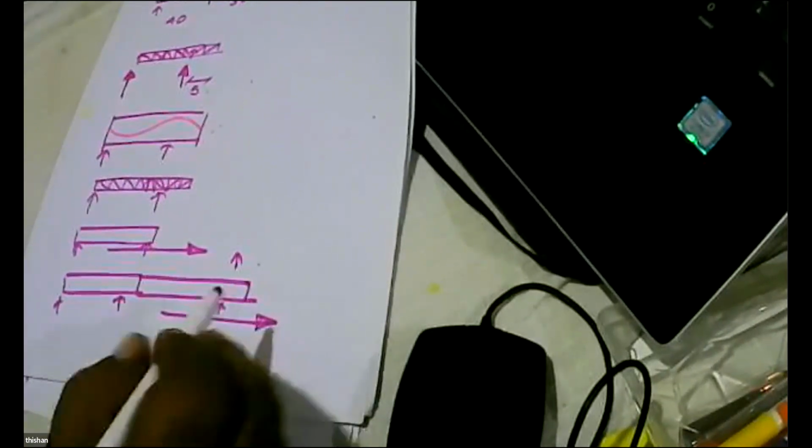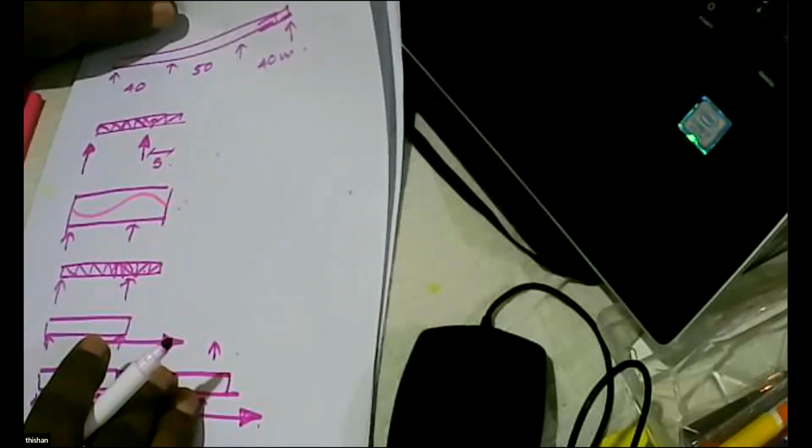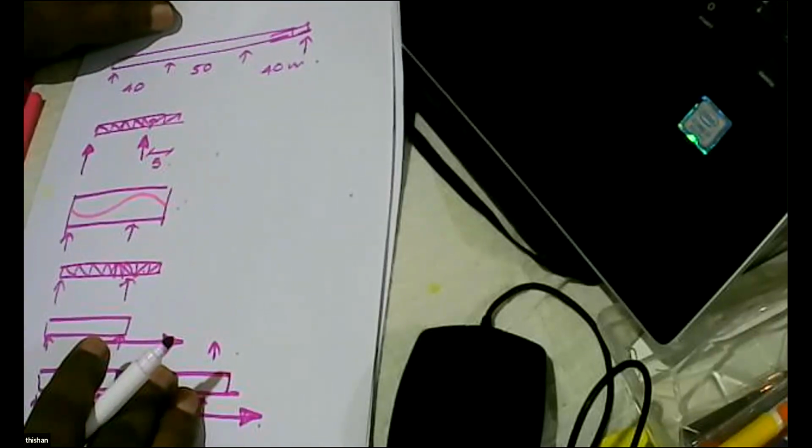Then you are going to pass this, and move the truss. And then you cast the last. So if you look at the construction sequence, practically, it's not possible to construct at once. We have to first complete one span, then only we can move to the next span.